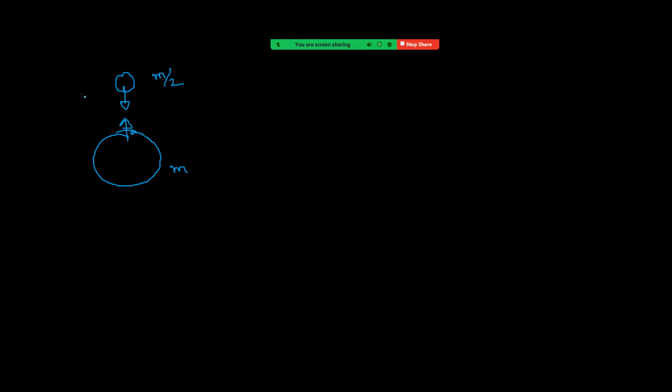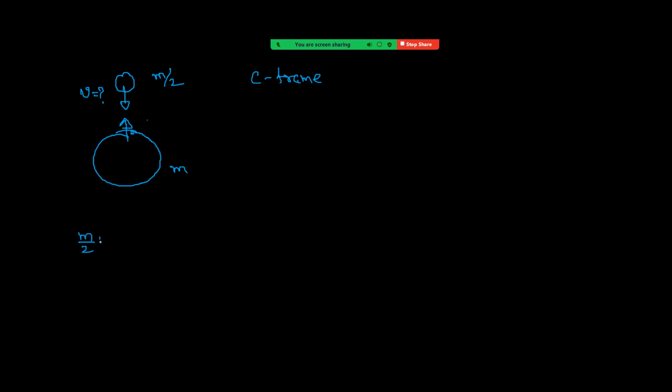Suppose the velocity of the particle is v, which we have to calculate. If you solve from the CM frame, the momentum of the system is zero. If this is v, see how much its velocity is.